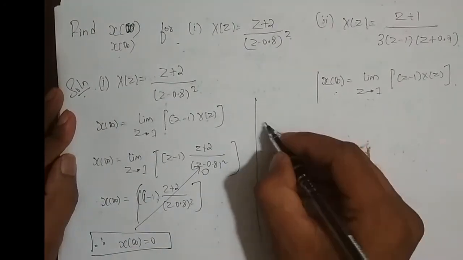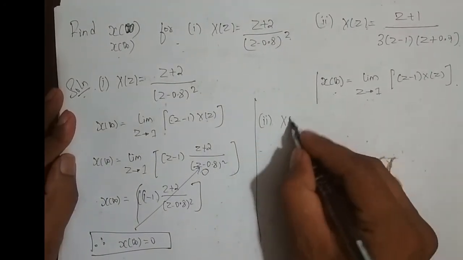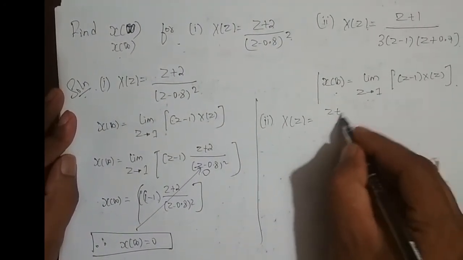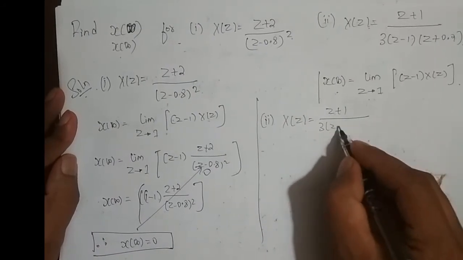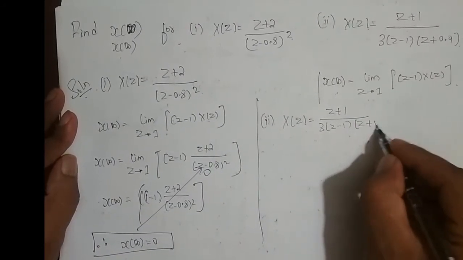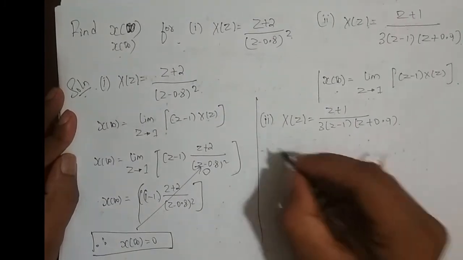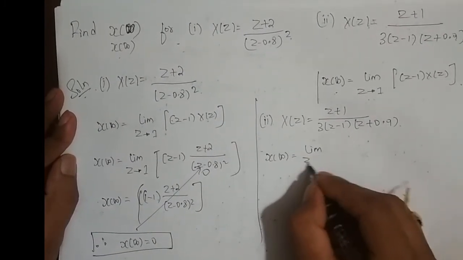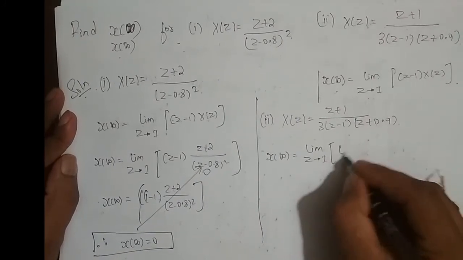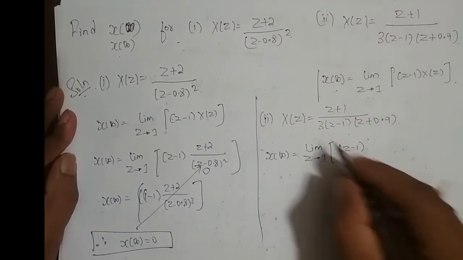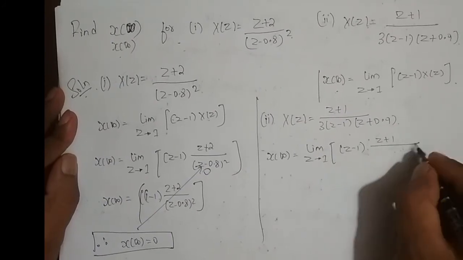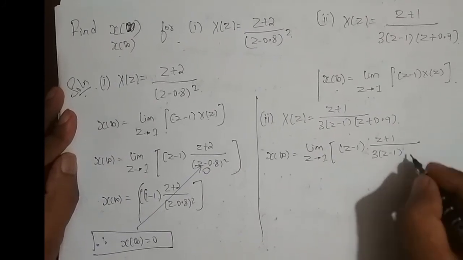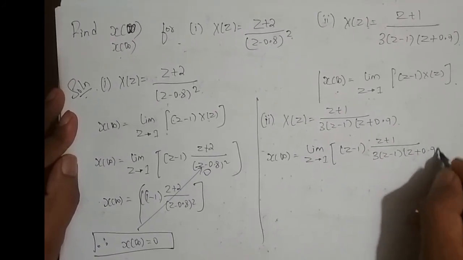Okay, next the second one, what do we have? X of z is equal to z plus 1 divided by 3 times z minus 1 into z plus 0.9. So x of infinity is limit z tends to 1 of z minus 1 times x of z. But what is x of z? Z plus 1 divided by 3 into z minus 1 into z plus 0.9.